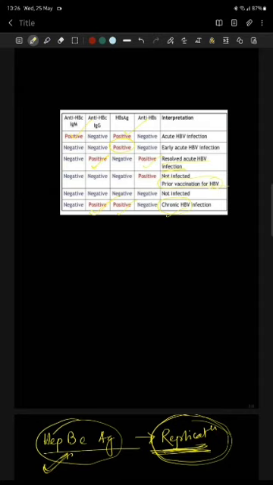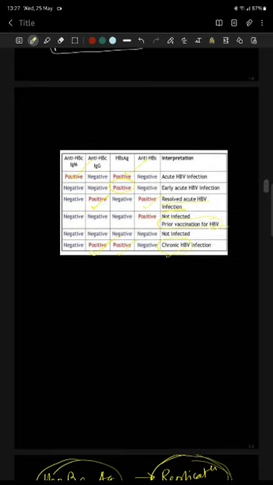And if the anti-hepatitis B surface antibody is present along with the IgG type of hepatitis B core antibody, means the person is in a resolved condition. Person is now okay, person is now well, resolved acute hepatitis B infection. And when the person is vaccinated, only hepatitis B surface antibody is positive and other things are negative. Okay, simple.